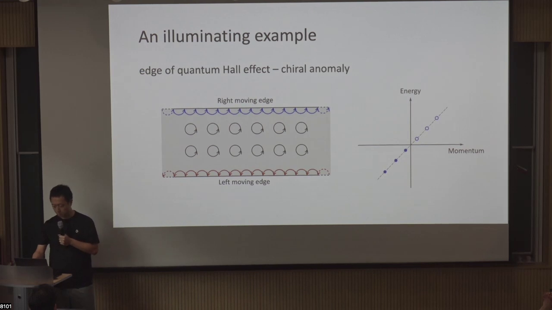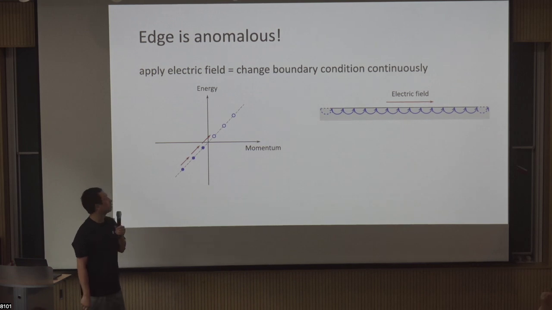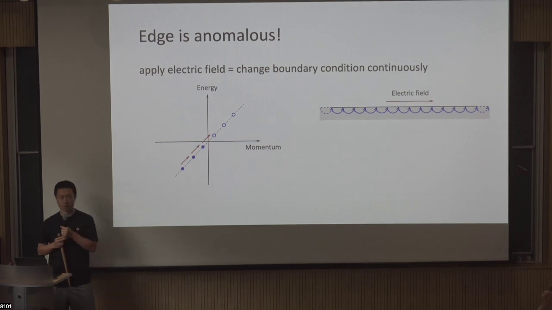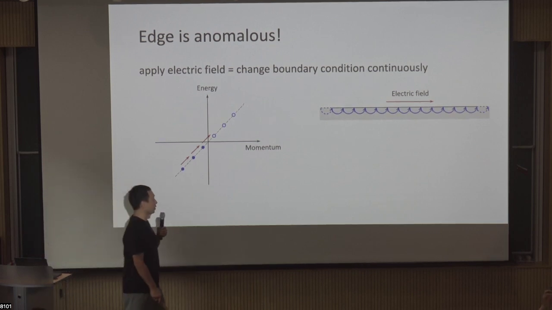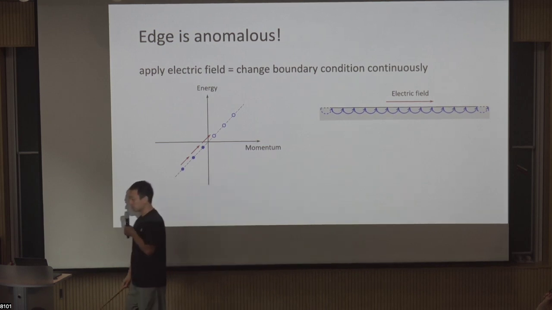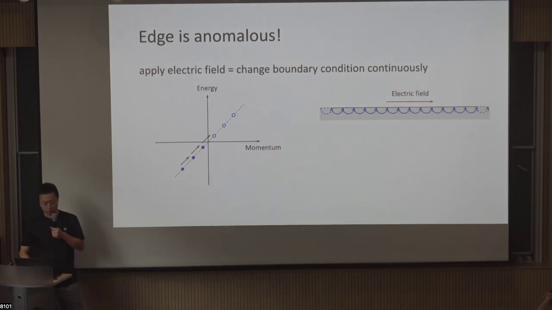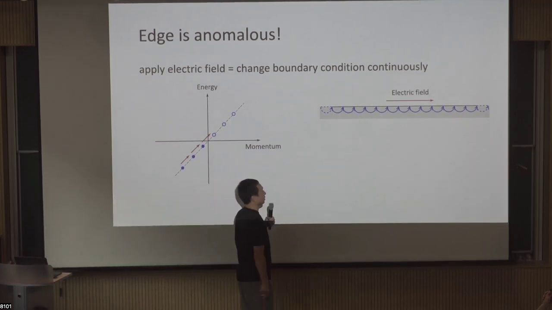What's wrong with it? Well, if you really look at the edge, look at the chiral edge, you encounter some problem when you try to apply some background electromagnetic field. So if you apply an electric field along this direction, let's see, the electric field couples to the Schrodinger equation for the electron through the vector potential. So E will be minus dA/dt.